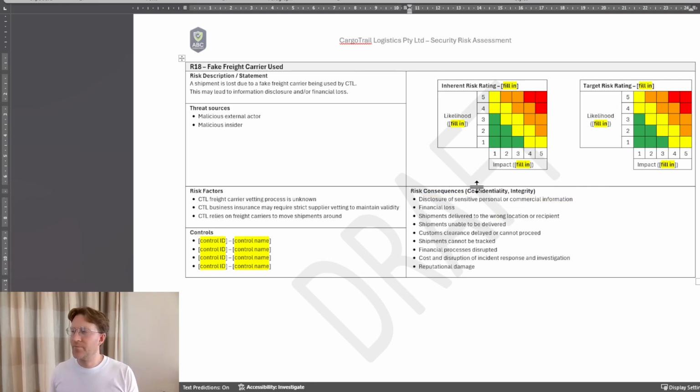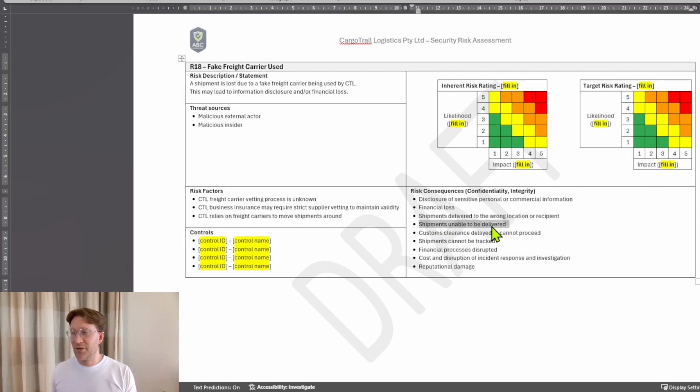Consequences, we're talking about confidentiality and integrity. Confidentiality, because we already know that we may be giving away the information relating to the customer, since they are the shipment, and we would need to give this to a freight carrier who we hired to deliver the shipment to them. We're also looking at financial loss because we would be not delivering to the correct person.